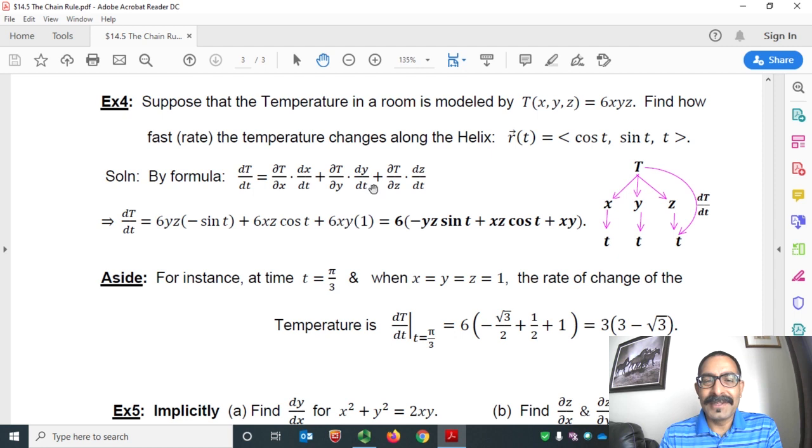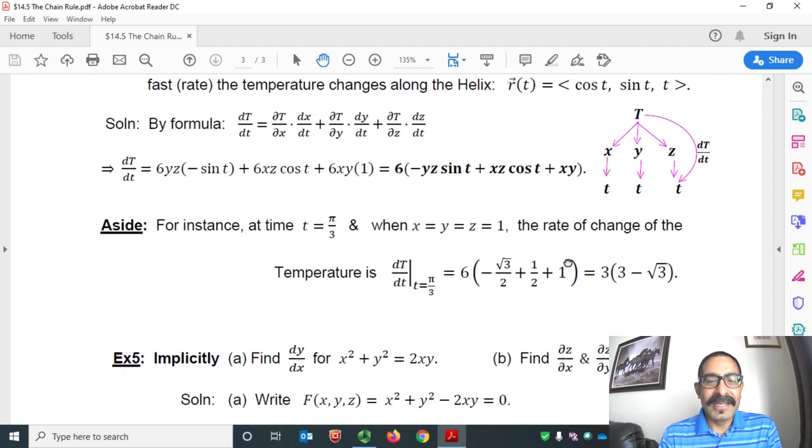Similarly, the third term: the partial derivative of capital T with respect to z is 6xy, times the regular derivative of z with respect to t. Here z is t, so the regular derivative of t with respect to t is 1. Simplify, it gives us 6 times negative yz sine t plus xz cosine t plus xy.